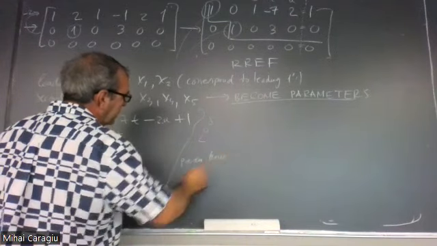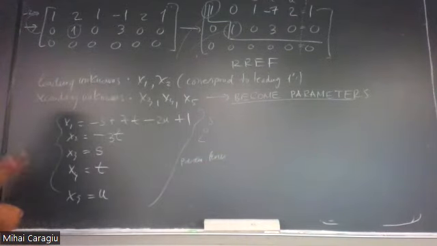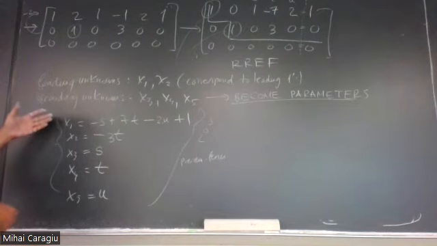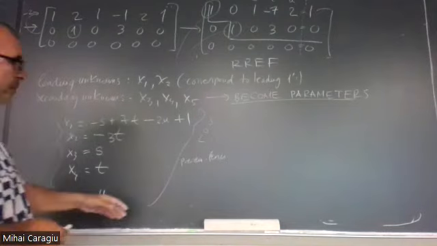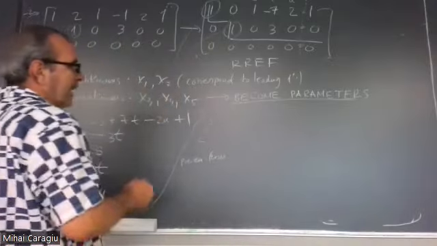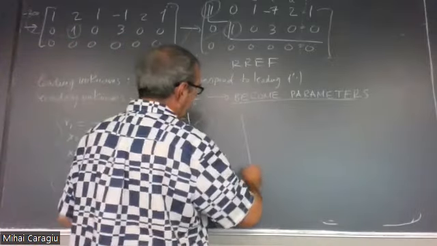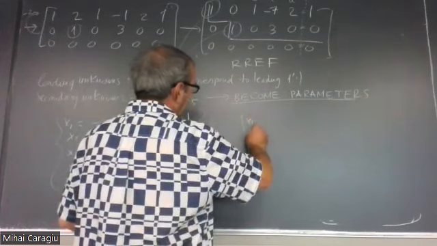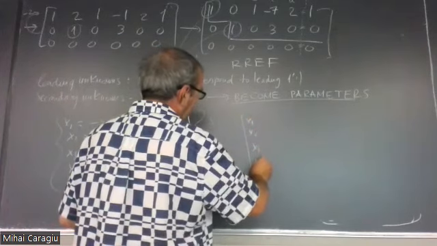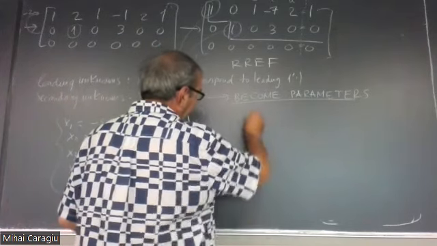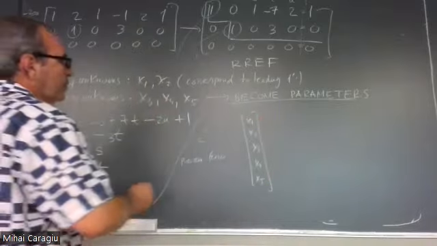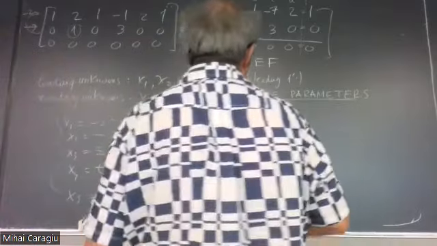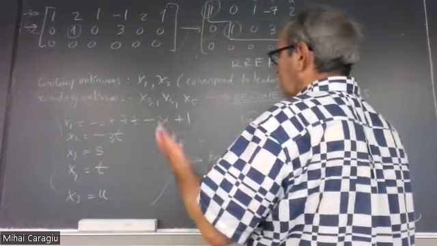We are more interested in the solution of the system in vector form. So you want to make vectors out of the variables x1 through x5. How to make a vector out of them: organize them as a column vector. So for the vector form, x1, x2, x3, x4, x5, a vector in the solution space of the system, equals, let's organize this. We need S's, T's, and U's.